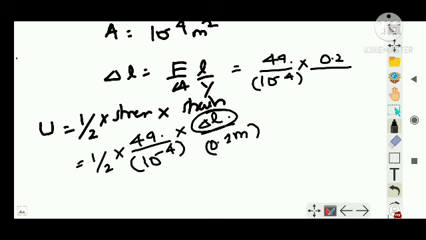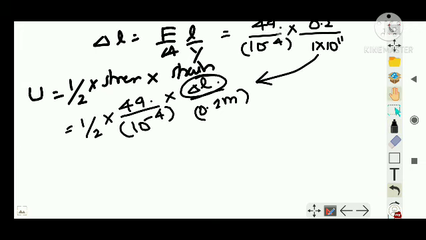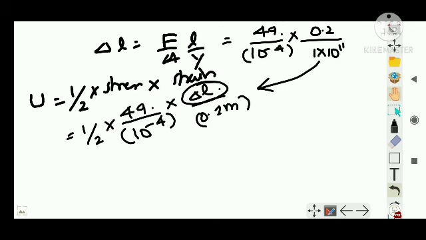How much is Young's modulus given? 1 into 10 to power 11 is given. Substitute this value over here. The denominator also gets squared, right? You can calculate by yourself. You will get the answer as 2.4 into 10 to power minus 5 joules.